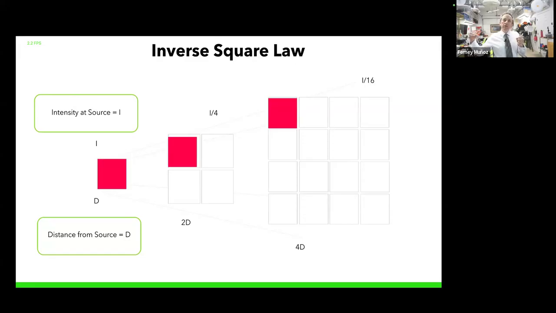And then if you double the distance again, you end up with 1/4 of the power again. This applies to light, sound, and heat. If you're near a fire and it's too hot, what do you do? You move away a little bit, and then it's not so hot, right? It's just physics.